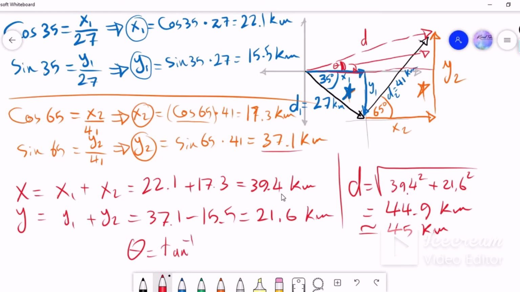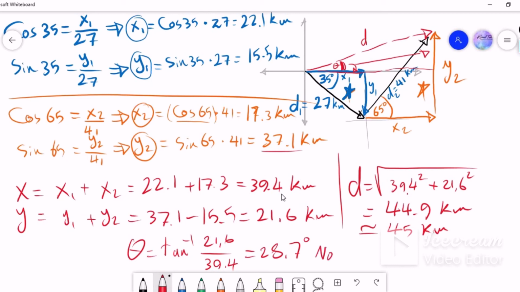Here opposite is y, it means 21.6 divided by 39.4, and it equals 28.7 degrees north of east. Understand this point, guys. North of east means when the angle is beside the east, you will start from north.